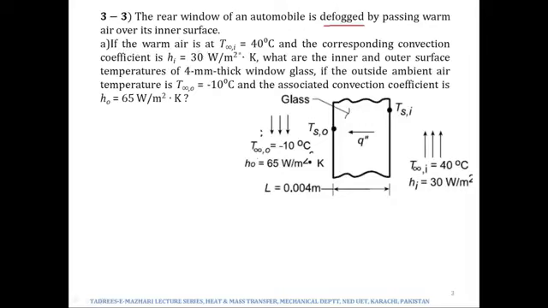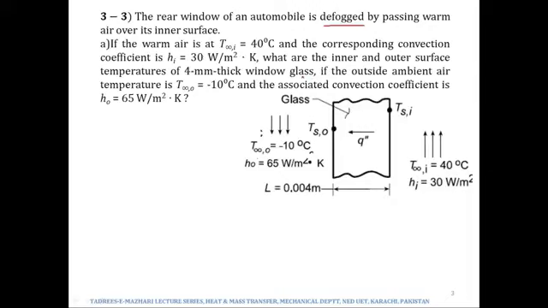Now if the warm air inside the car which is being blown is at 40 degrees Celsius, and the corresponding convection coefficient between the inner surface of the glass and the inside air is 30, what are the inner and outer surface temperatures of the 4 mm thick window glass?